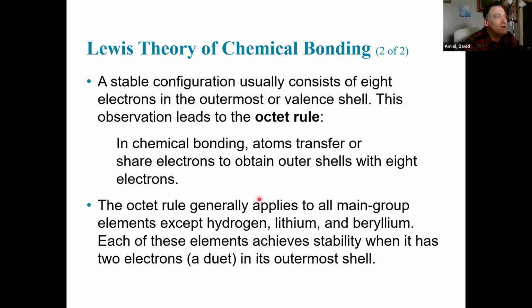The octet rule generally applies to all main group elements with the exceptions of hydrogen, lithium, and beryllium. We won't really talk about beryllium too much in this class. For each of these, they want 2 and not 8. So keep that in mind when you're writing Lewis structures.